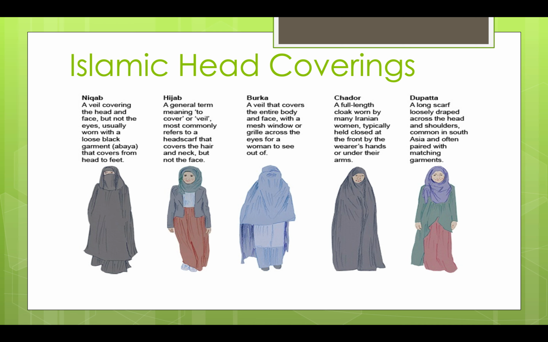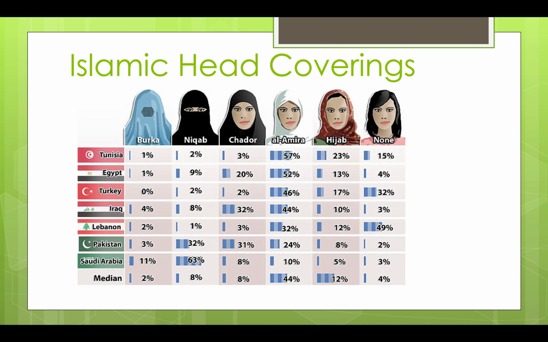And then here are some of the other examples: niqab, hijab, burqa, chador, and dupatta, right? And the hijab you see again in more moderate, and then dupatta still more moderate, and then by the time you're getting to niqab, burqa, chador, you're getting to war-torn places that have been invaded, are poor, and were at some point trying to protect their women from outside invaders.